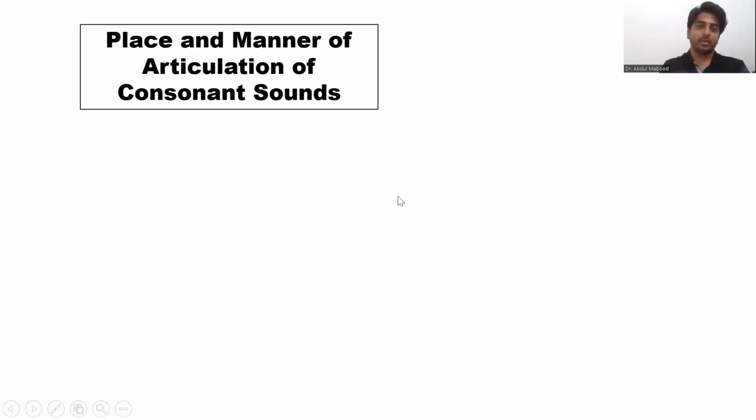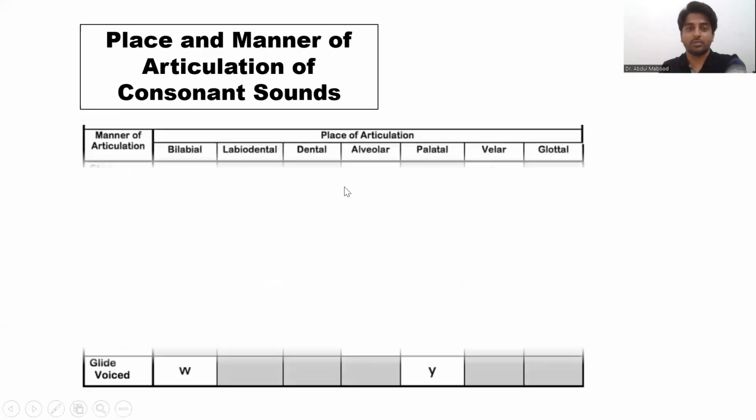Again, like we learned the place and the manner of articulation of vowel sounds, now we learn the place and manner of articulation of consonant sounds. Fine.